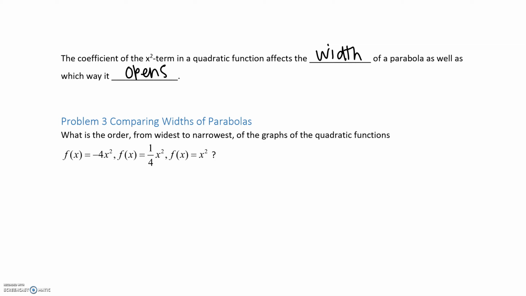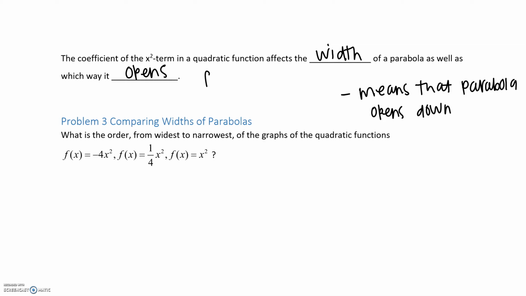So when we have a negative in front of our x squared term, that means that the parabola faces down, or opens down. And when we have a fraction, it makes the parabola wider.